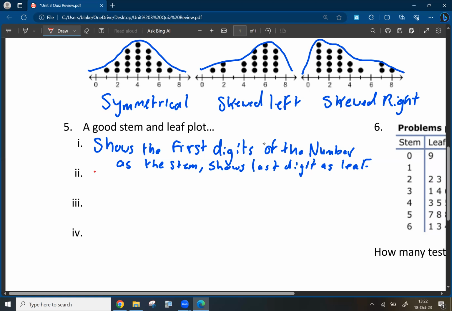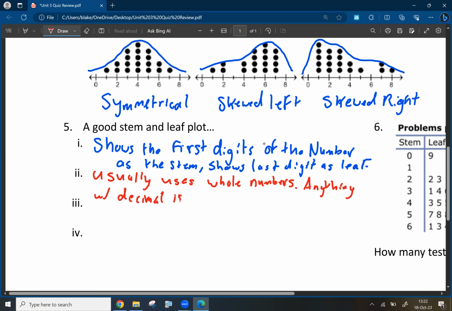So it's not out of the realm of using decimals, but usually uses whole numbers is true. Anything with a decimal is rounded.